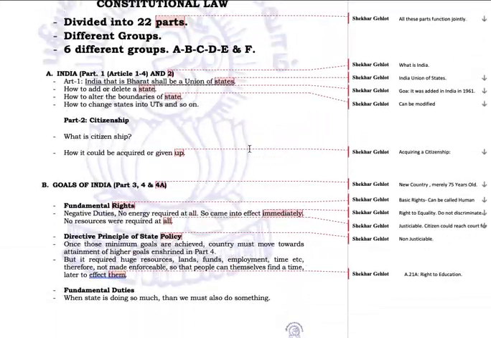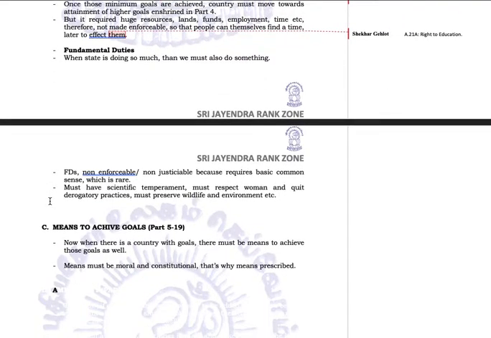Now, when we have a country which has its goals, okay, when we have a country called India and India has its goals, then we must have means to achieve those goals as well. Merely having goals is not sufficient in itself, we must also have means to achieve those goals. But the means must be moral as well as constitutional.